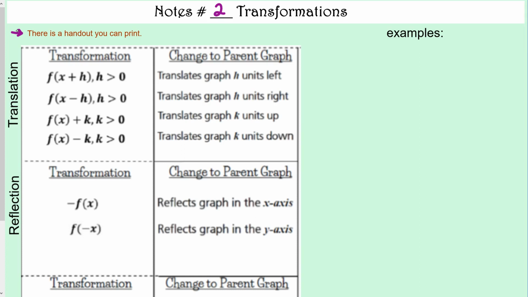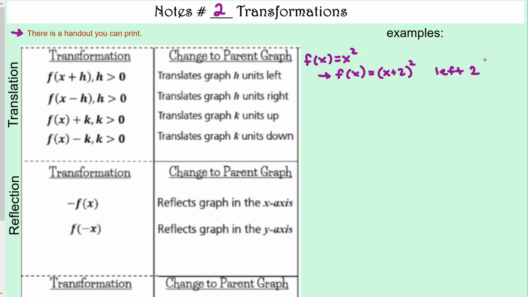So these are translations, and let me give you an example. So let's say our parent graph is f of x equals x squared. If we change it to f of x equals x plus 2 squared, that's going to shift it left 2.